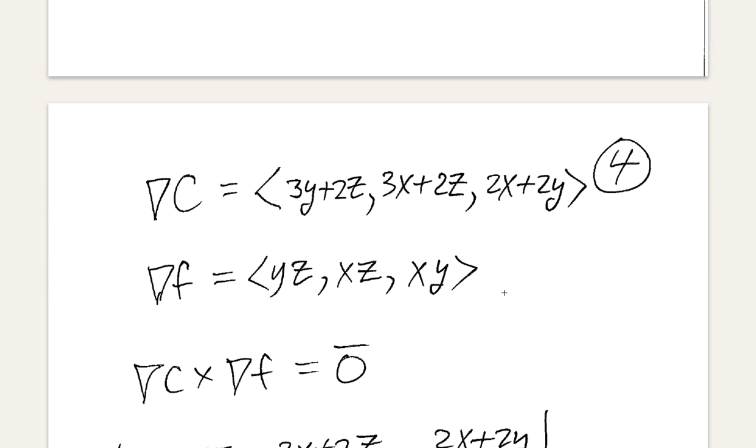I'm showing you this because we're going to be using our cross product method on this rather than trying to use Lagrange multipliers. So I found the gradient of my C, and this is it: 3y plus 2z, 3x plus 2z, 2x plus 2y, and then the gradient of little f: yz, xz, xy.